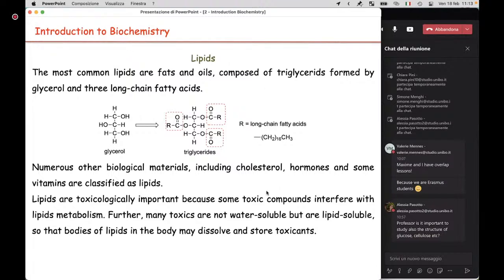So everything that is toxic and lipid soluble, lipophilic, can interact with the triglycerides in the cell membrane and pass the cell membrane. And from a macroscopic point of view, you know that we have fat tissues in our bodies.